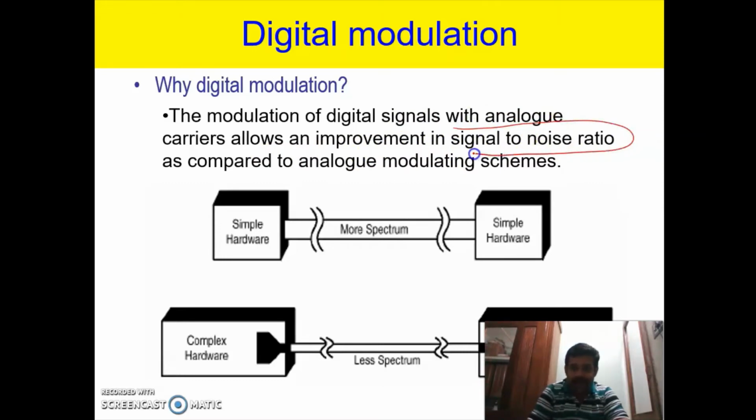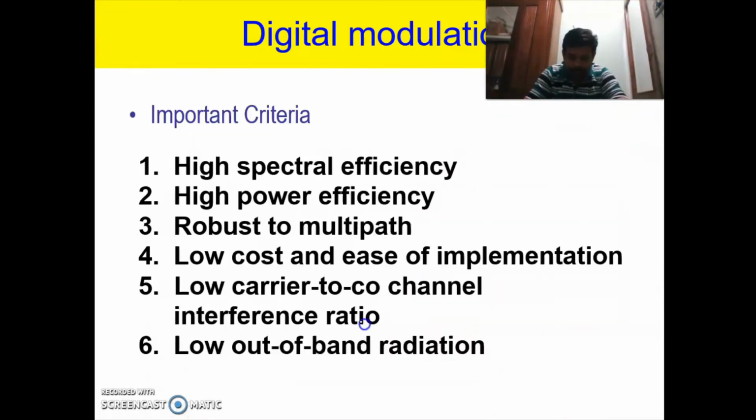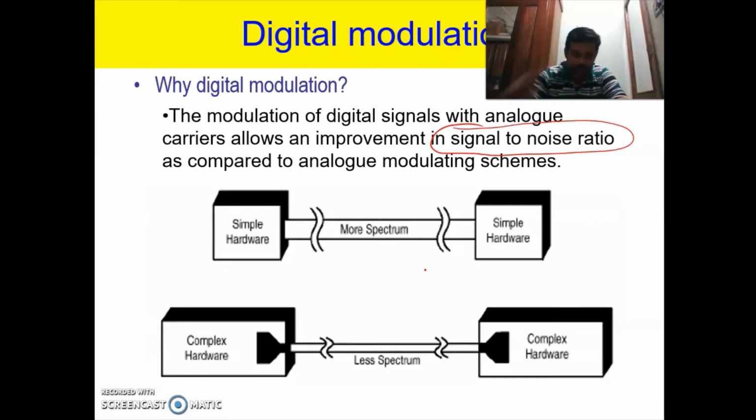When compared to the analog modulating system, digital modulation has a higher signal to noise ratio. Digital modulation needs only less spectrum, but in the case of analog modulation system, it needs more spectrum.